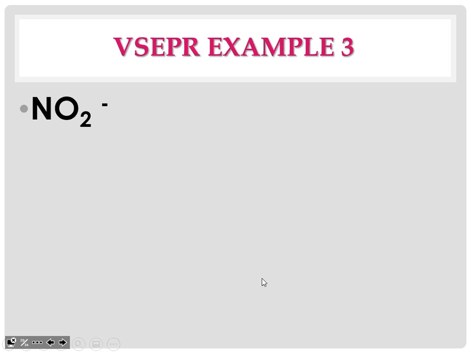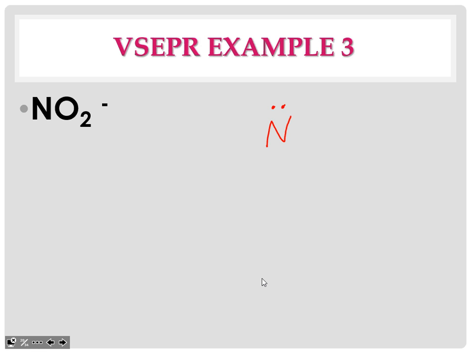So when I look at this, I need to determine, first of all, my Lewis dot structure. So I'm going to say, okay, I don't have carbon, so I'm going to look at my electronegativities. Nitrogen is 3.04, oxygen is 3.44, so nitrogen has the lowest. So I'm going to have nitrogen be my central.